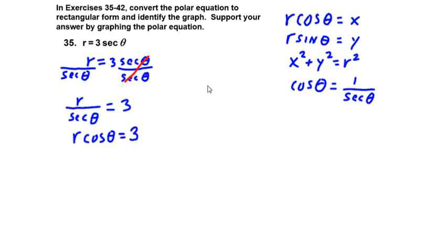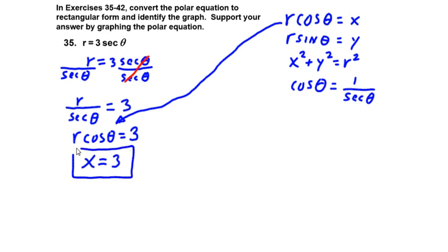Well, what do we know here? This r cosine theta identity we can use in this equation right here. So we can rewrite this equation as x equals 3. And what we have is an equation in rectangular form. So that's going to be it.